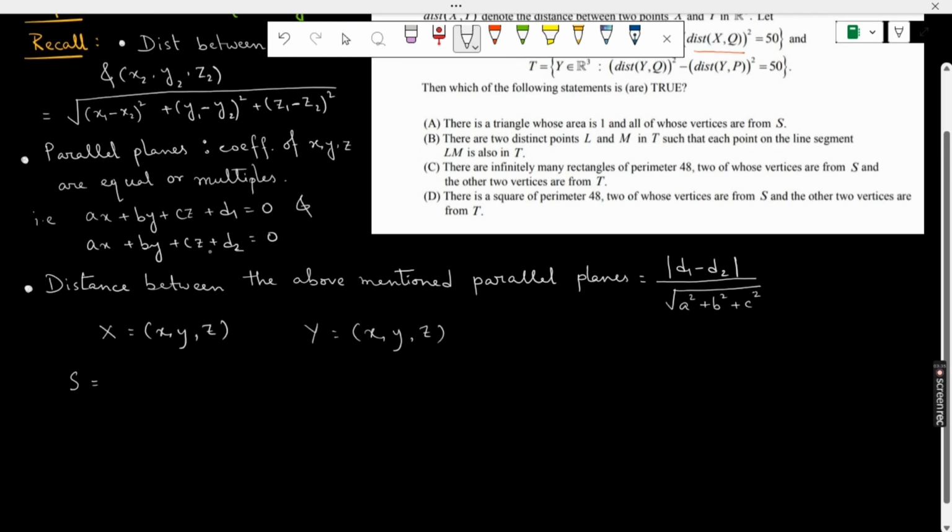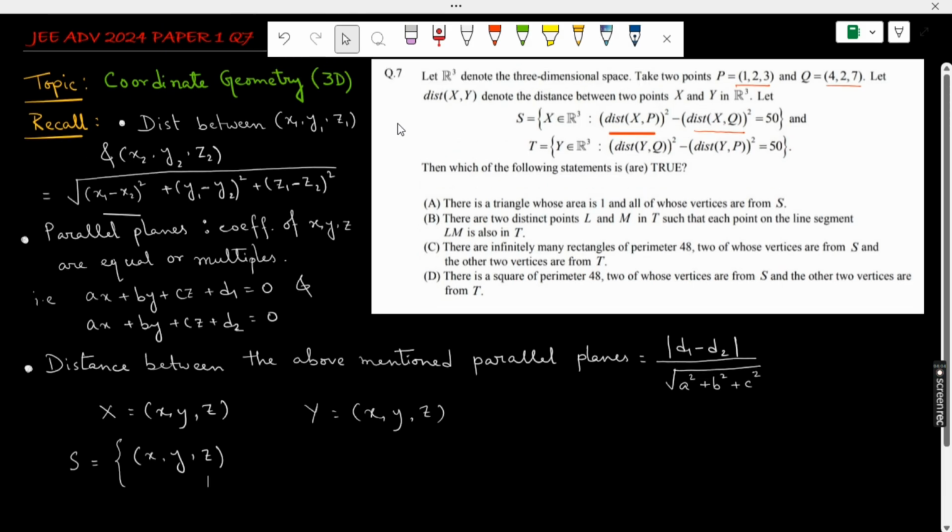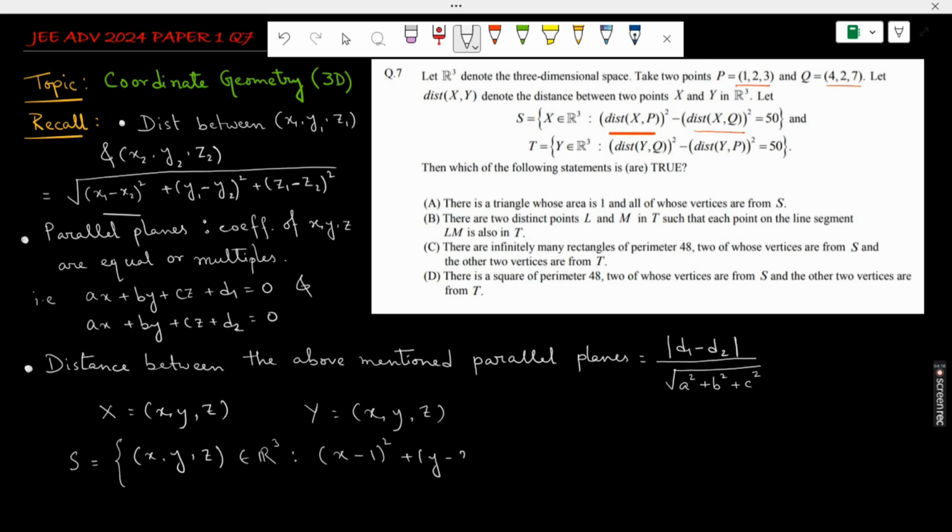So how do we write S? Since these are distances squared, we can remove the square root part. So S is the set of (x, y, z), because X belongs to R3, such that (x minus 1) squared plus (y minus 2) squared plus (z minus 3) squared.